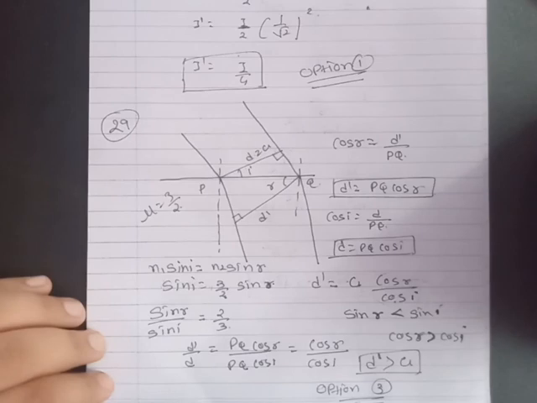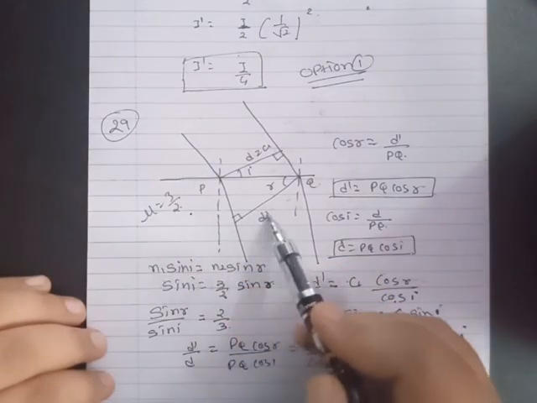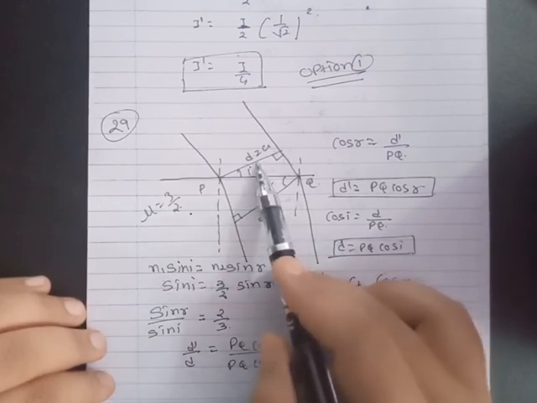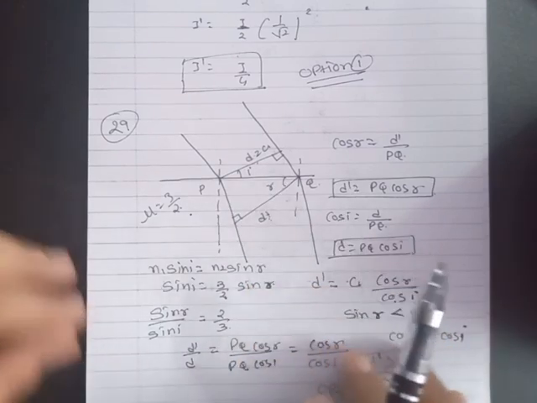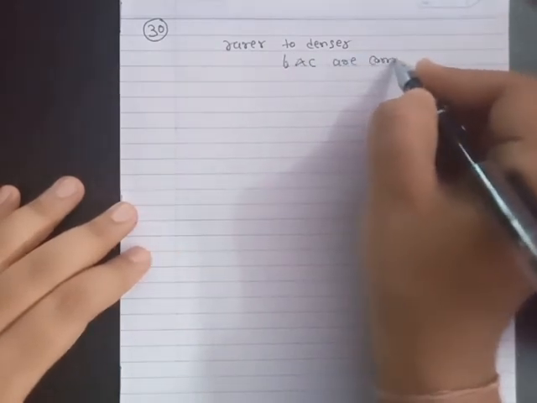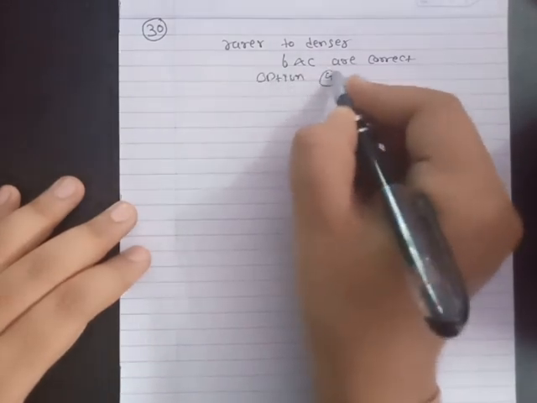Here we have just seen in the previous question that when the light goes from rarer to denser medium, the width of the beam increases as D dash is greater than D, and the refracted angle will be less than the angle of incidence. So in this case, statements B and C are correct. So option 4 is the correct option.